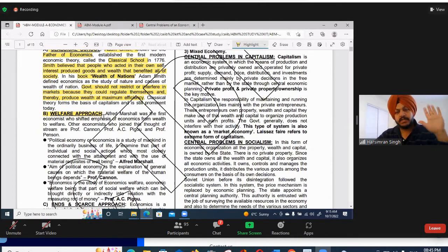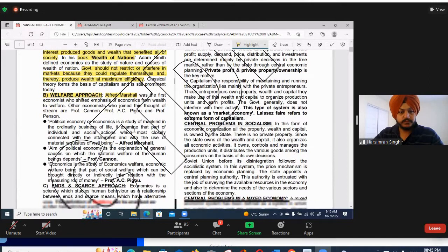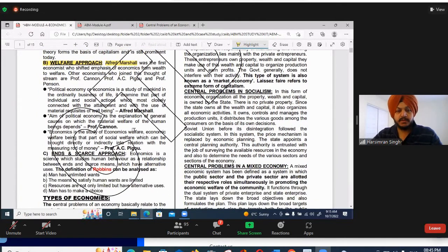That's all. Rest everything is gone. So this is the reason the welfare approach does not work. The welfare approach was given by Alfred Marshall. He was the first economist who shifted the emphasis of economics from wealth to welfare. But this does not work.